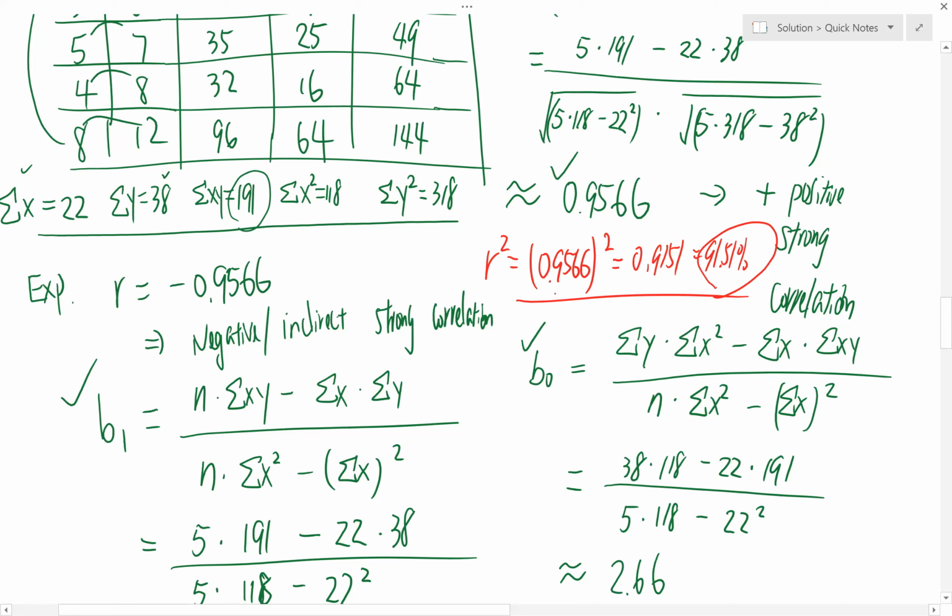The first example gives us a much bigger R square, which tells us that this is a much better model to predict the dependent variable. Okay. All right. So this is the last topic in this particular section in chapter 10, linear regression and correlation.